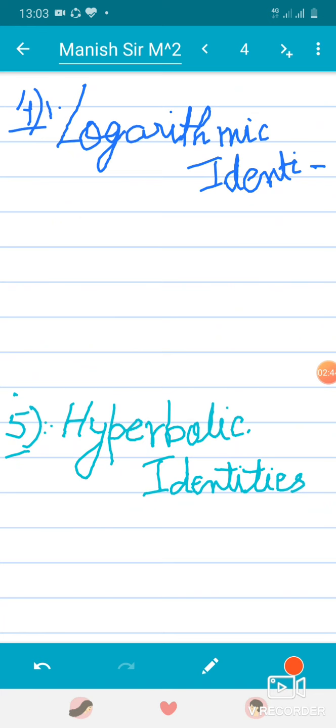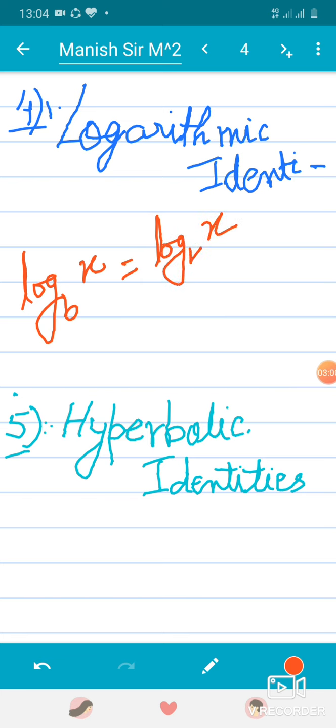We use them in logarithms in mathematics, and we can define the logarithmic identity as log x base b. We could write over here log x base another base k upon log b base k. This side is equal to this side. This is known as the logarithmic identity.